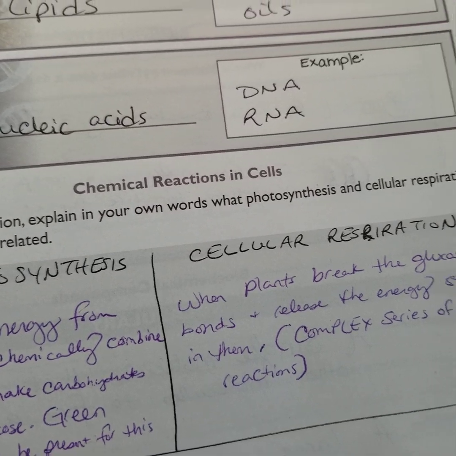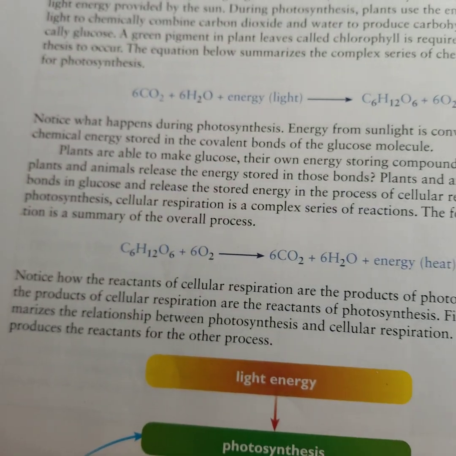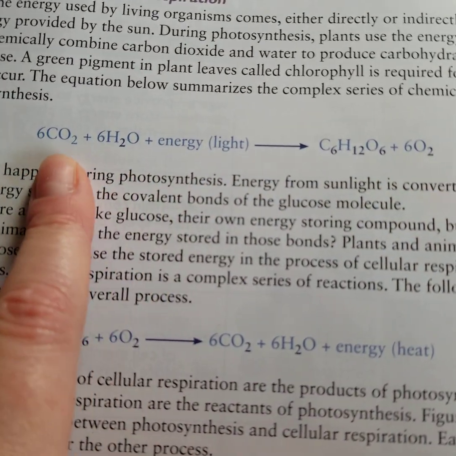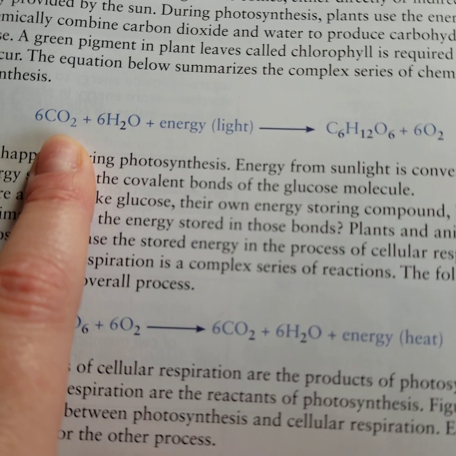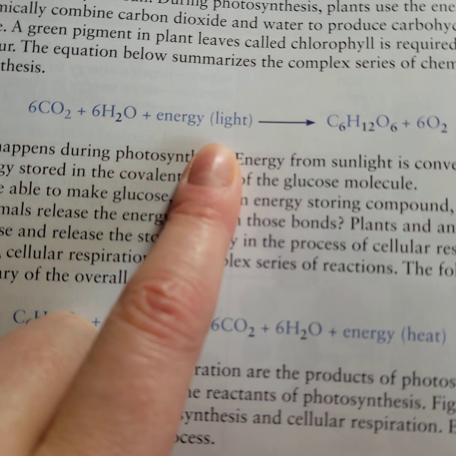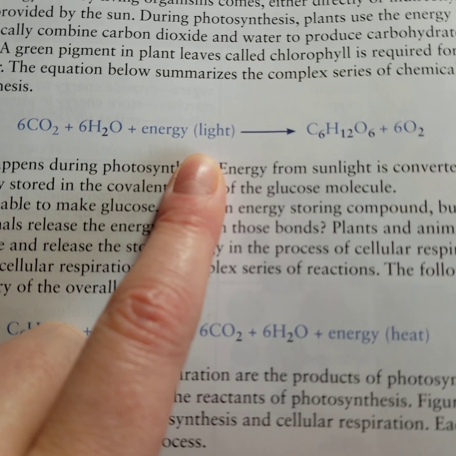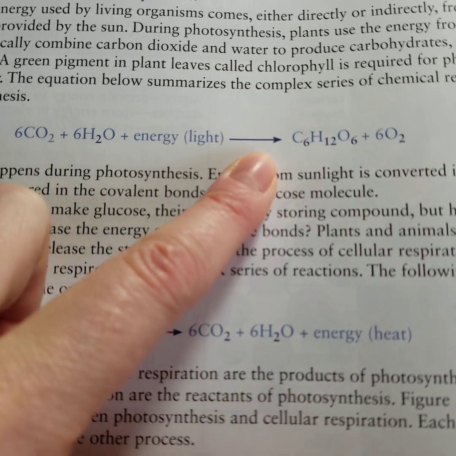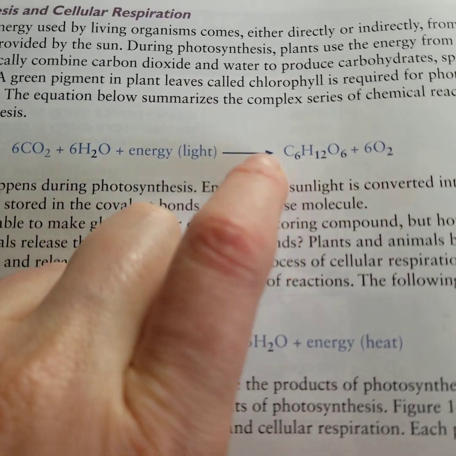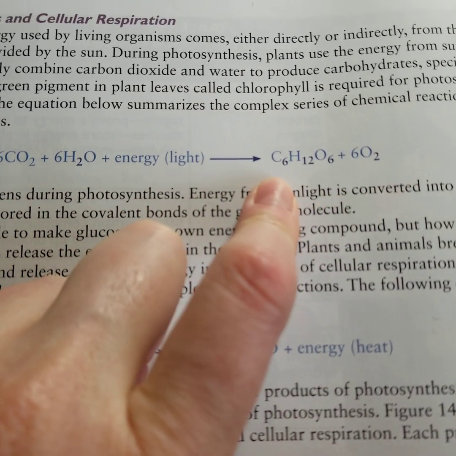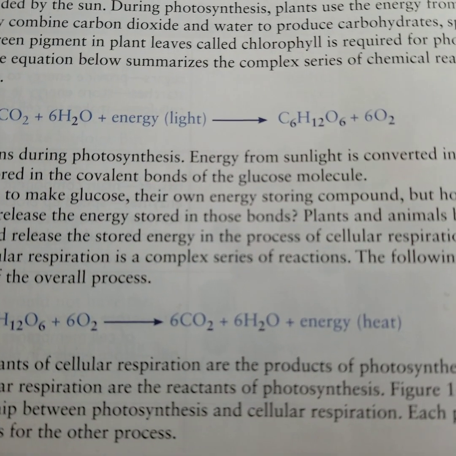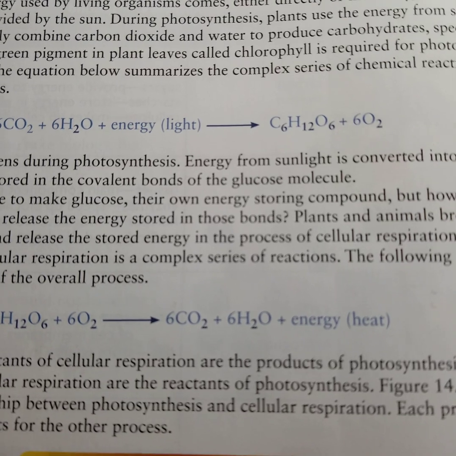But one thing they do show us, which I think is super cool, is here on page 506 in the text. They've got what exactly happens in photosynthesis. We've got carbon dioxide, water, and light added. And here's the arrow that means photosynthesis happening right here. This combined together makes glucose, which is a type of sugar, which provides energy and heat.